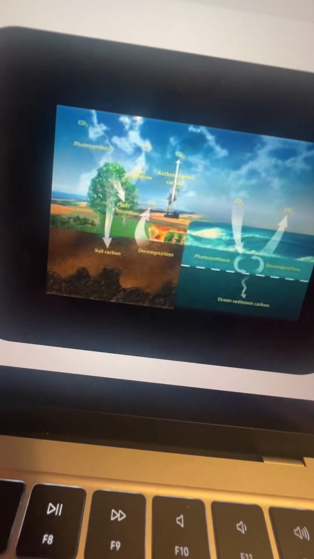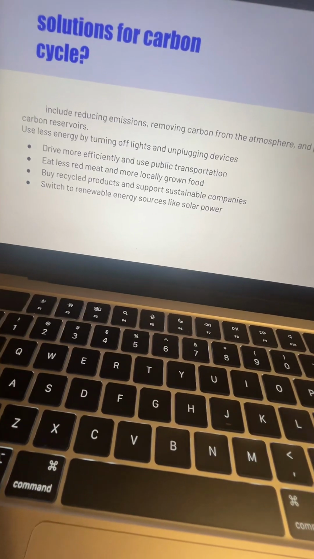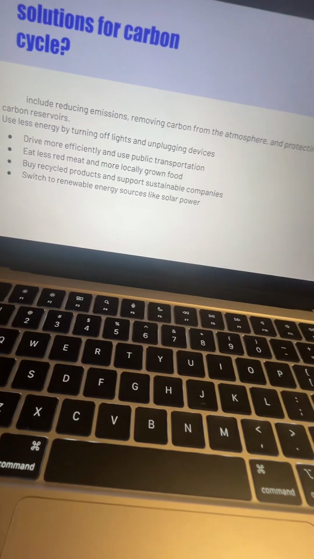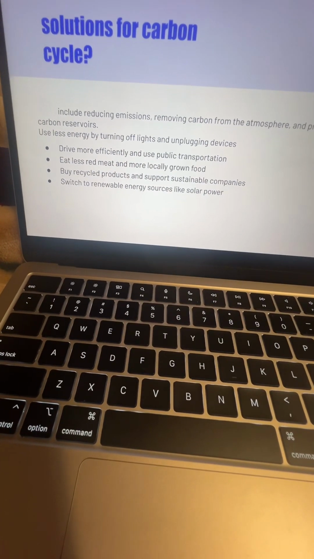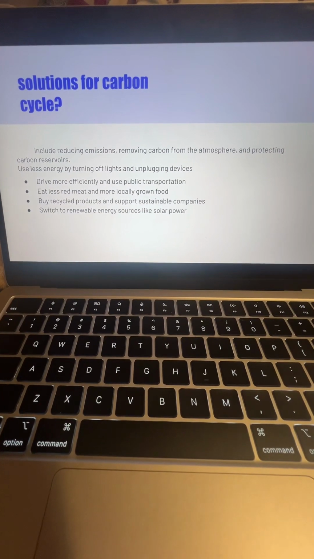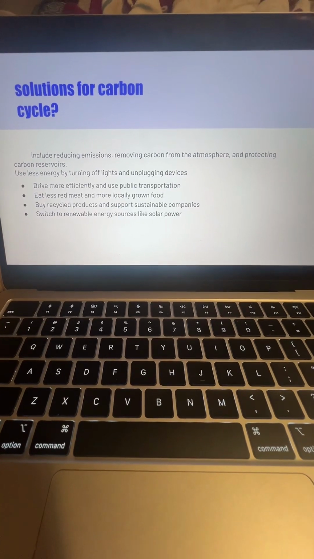Okay, so this is the next slide. Solutions for the carbon cycle, including reducing emissions, removing carbon from the atmosphere, and protecting carbon reservoirs.